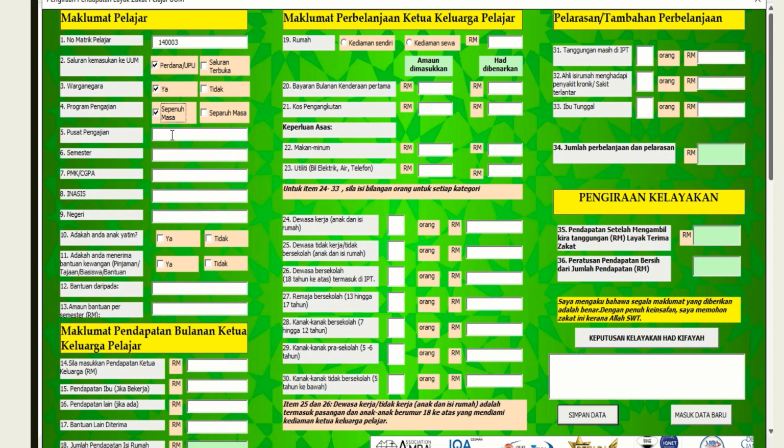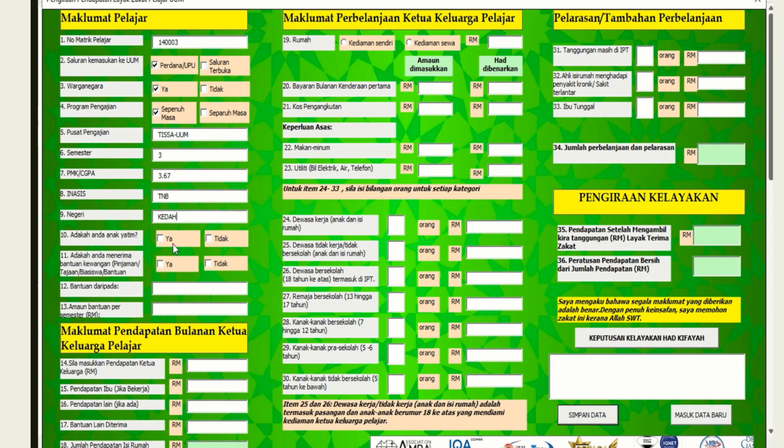Okay, and then from which school in UUM, their semester, their CGPA, and from which INASIS, and also their state. Okay, and also we would like to know whether they are an orphan or not.